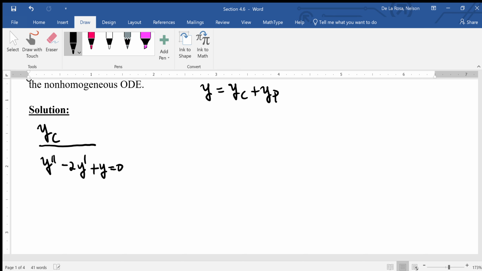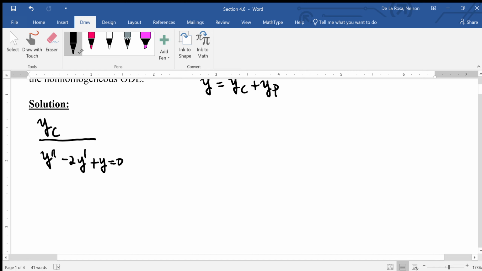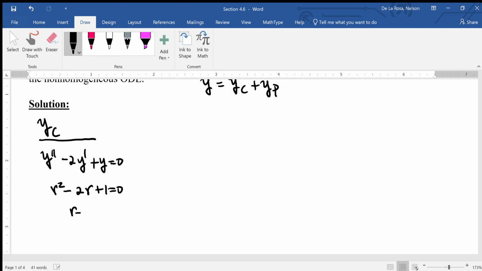So this is y double prime minus 2y prime plus y equals 0. Now we can write the auxiliary equation, and this equation can be factored as r minus 1 squared equals 0, then r is 1.